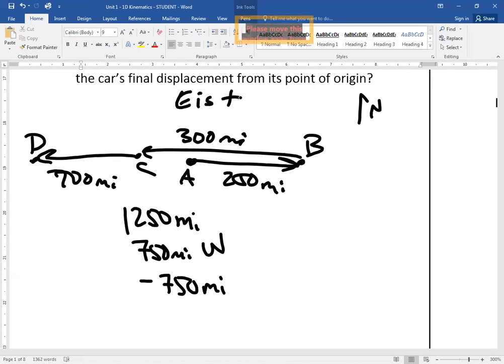Another way you might want to do this, and this is really kind of out there and going ahead quite a bit, but we could call this minus 750 miles i hat. Now this i hat thing is what we call unit vector notation.